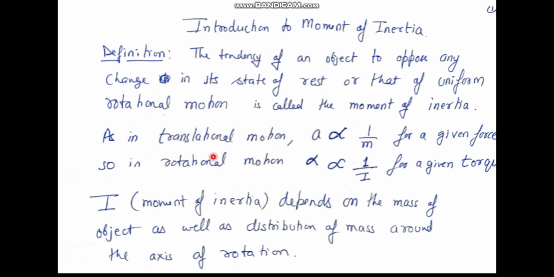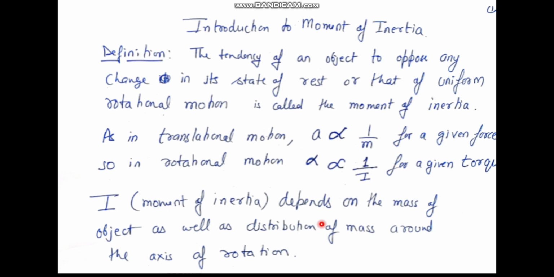As in translational motion, the acceleration is inversely proportional to the mass of the object. Similarly, in rotational motion, the angular acceleration is inversely proportional to the moment of inertia of an object for a given torque. While the inertia of an object depends only on the mass of the object, the moment of inertia depends on the mass of the object as well as the distribution of the mass around the axis of rotation.